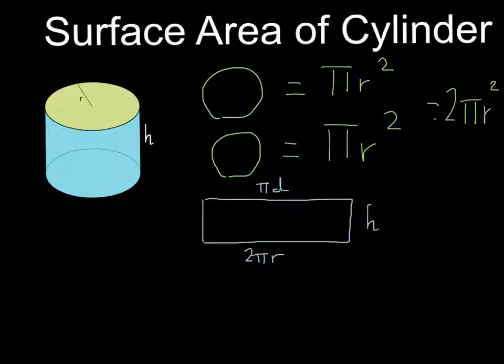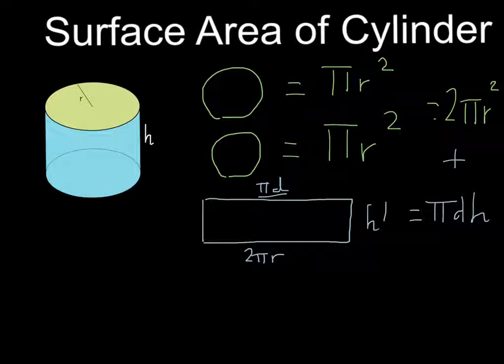Essentially, they're exactly the same because twice the radius is the diameter. So to work out the area of the rectangular surface that joins the two circular ends together, we do length times width, so pi times diameter times height.